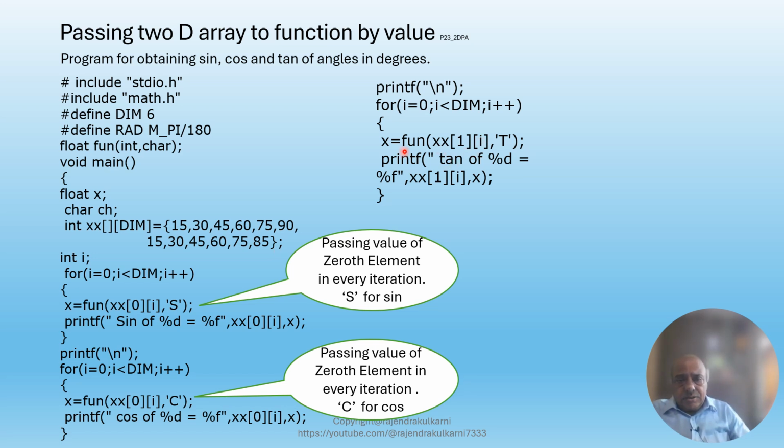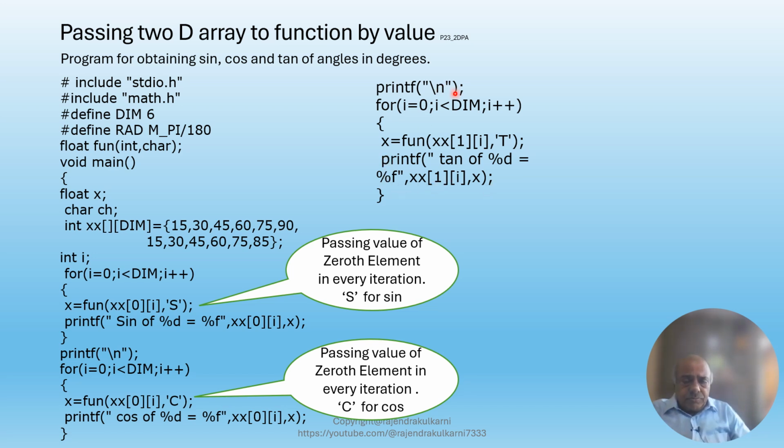Fun will calculate the tan in this case, because we are sending T as a character which will be used by the function, and it will calculate the values of tan and will be returned to our function, assigned to x and displayed by this printf statement.